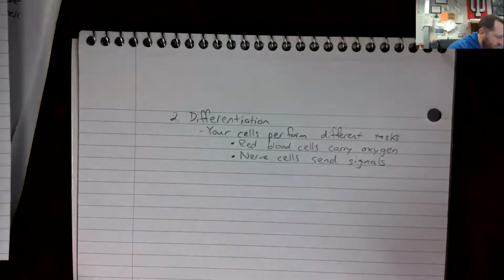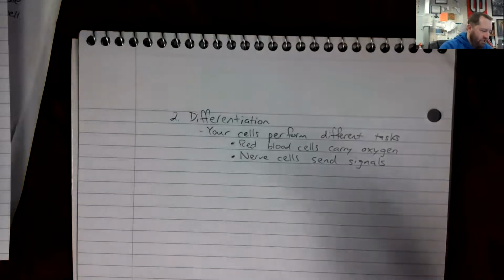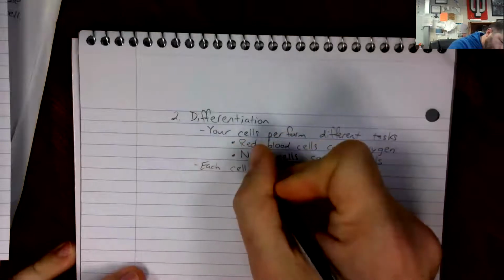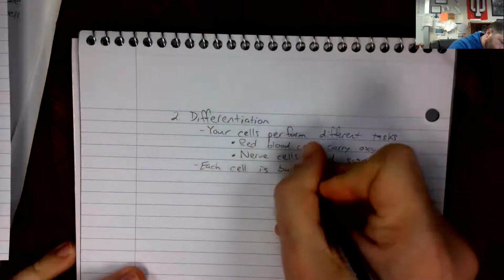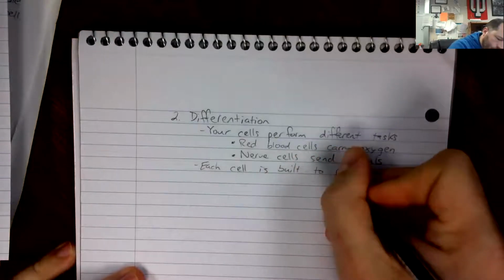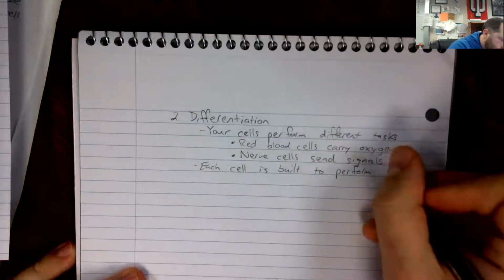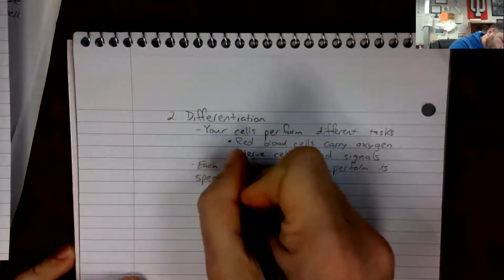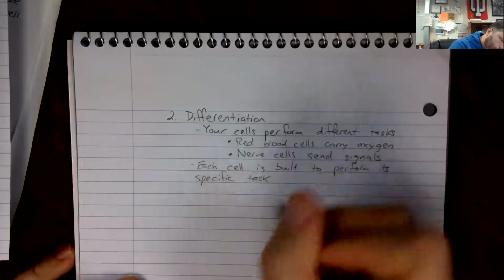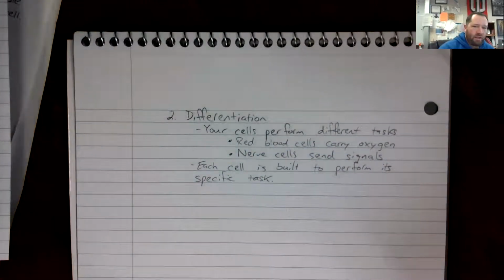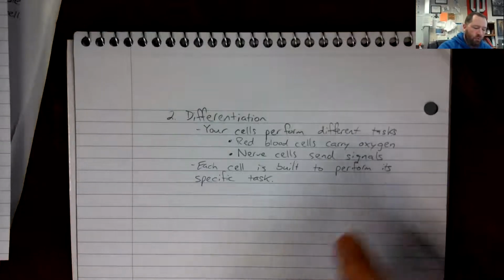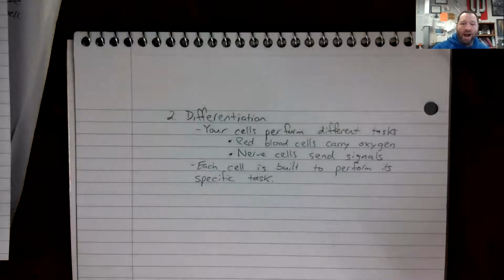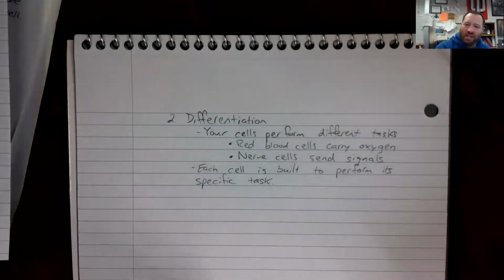These are completely different tasks we have to have being accomplished here. Each cell is built in a way that it's able to perform its specific task. Red blood cells are built specifically to carry oxygen. They have a very unique shape, just so they can carry oxygen.